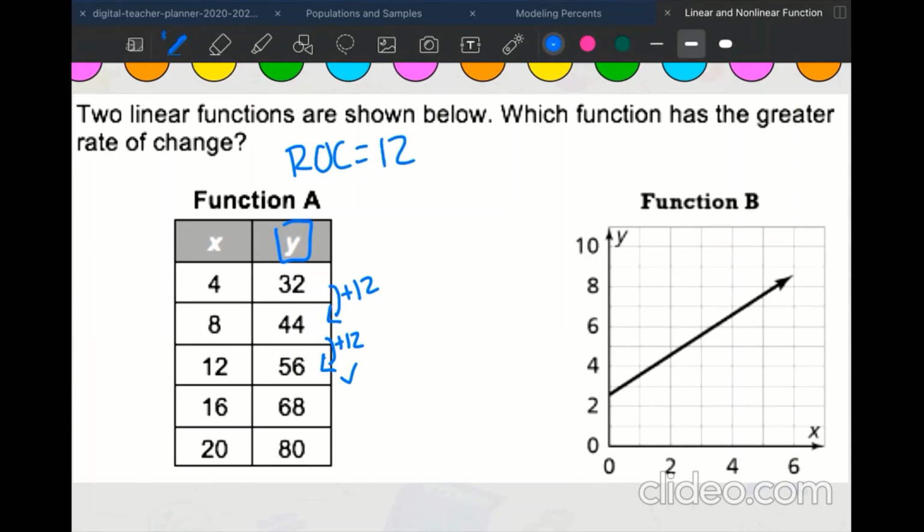How do I figure out what my rate of change is for function B? I need to put my dots right and see what my slope is, correct?